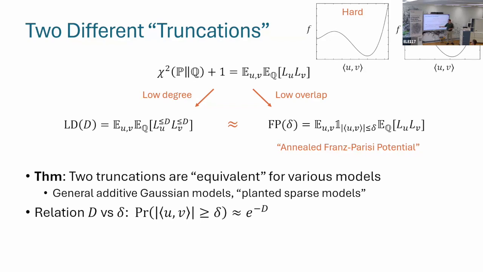So degree d polynomials are roughly a proxy for algorithms of runtime e to the d. And then the corresponding delta is roughly the one where it would take you e to the d time to see that overlap if you were just sampling at random.